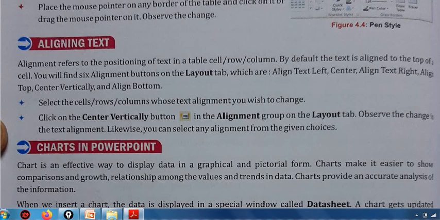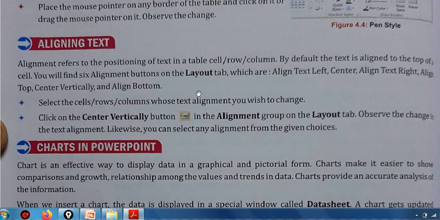Alignment refers to the position of the text in a table, cell, row or column. By default, the text is aligned at the top of the cell. You will find 6 alignment buttons on the layout tab: align text left, center, align text right, align top, center vertically, and align bottom. Text means whatever you are writing inside a cell.